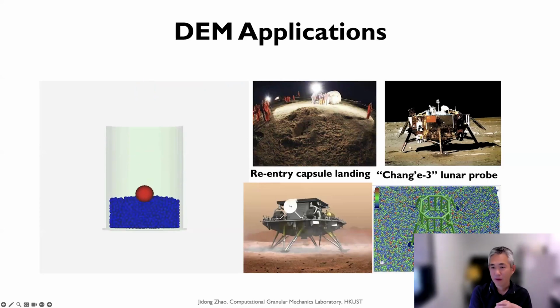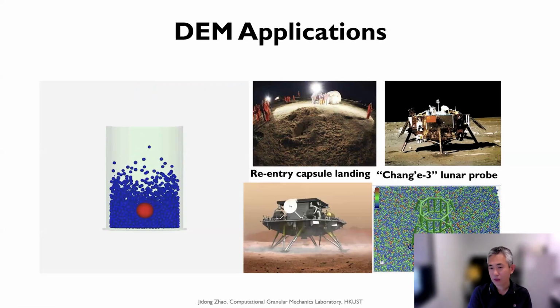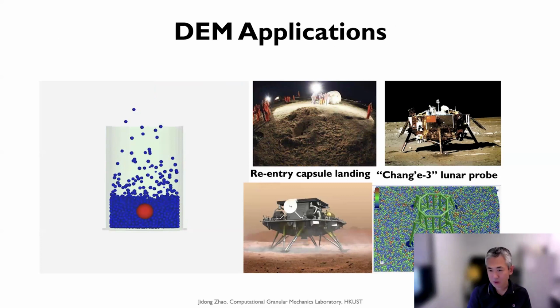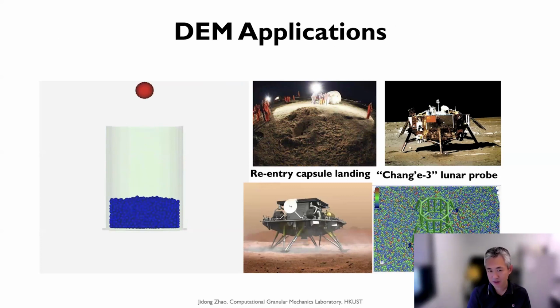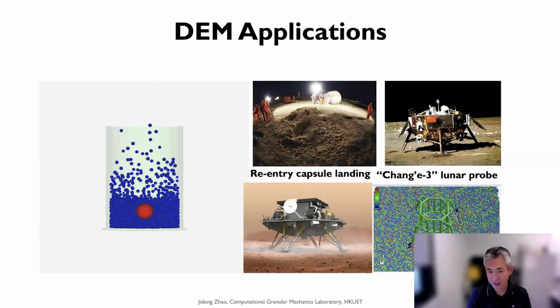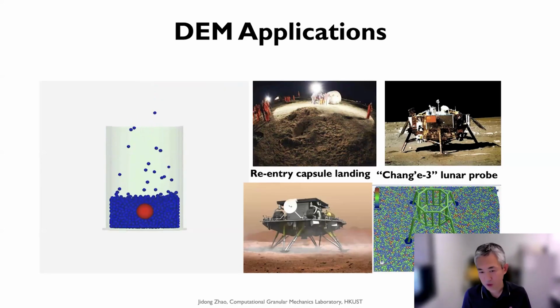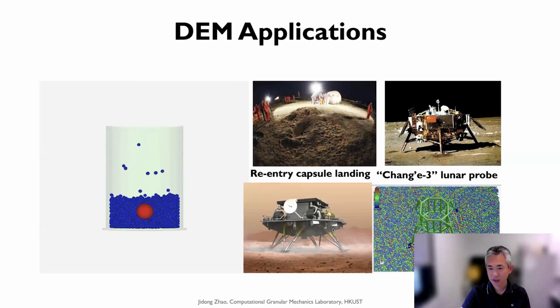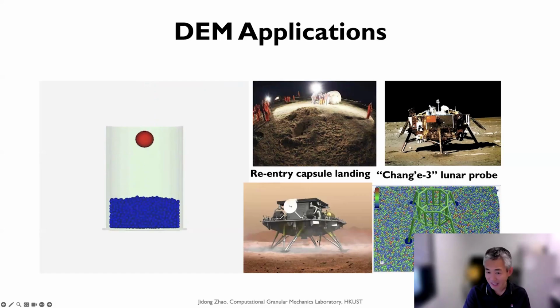And also, DEM or other tools can help us to understand the performance and the design of planetary rovers, and how they land and how they move on other planets. And these are the examples.